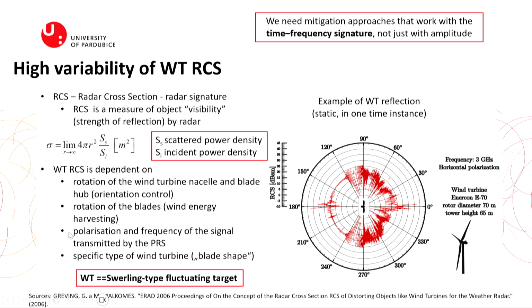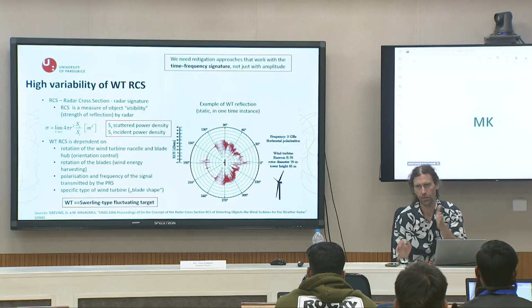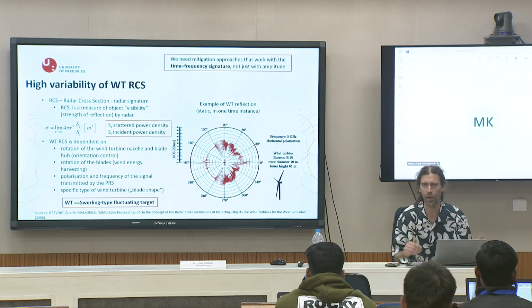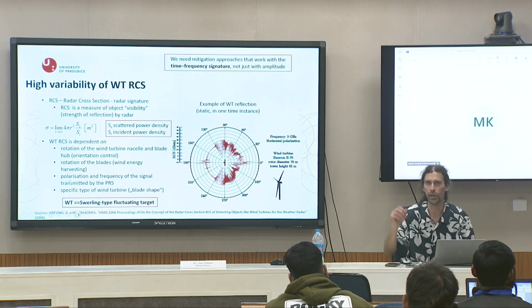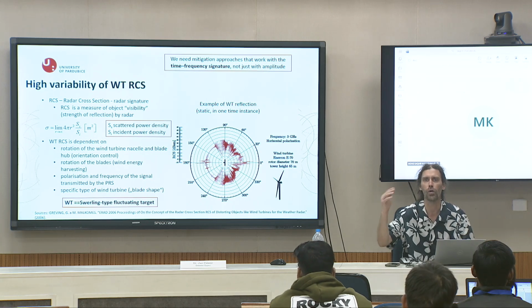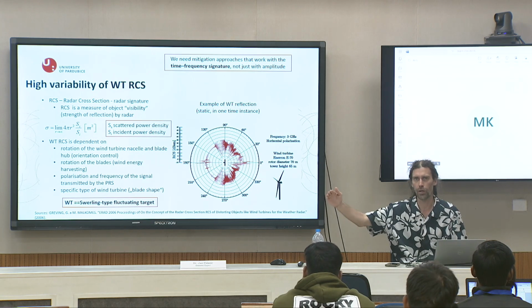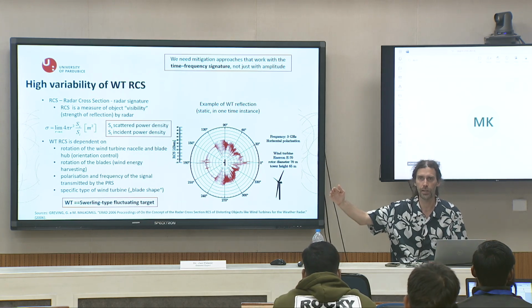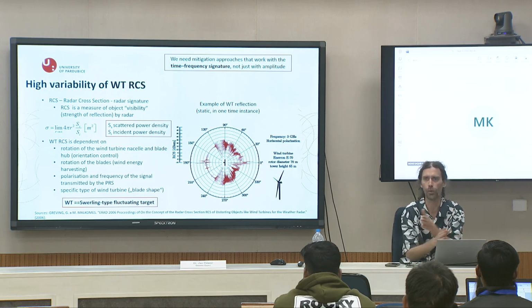It also depends on the polarization and frequency of the signal transmitted by the radar. So it is the carrier frequency, okay, we can change it, it is based on our radar parameters, and polarization, okay, it could be horizontal, vertical, or cross polarization, which means you transmit one polarization but receive another, so it is just cross polarization.